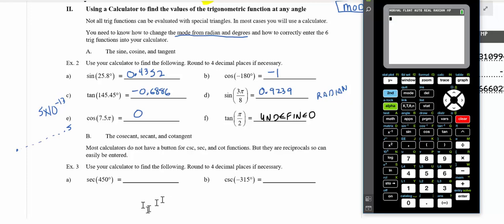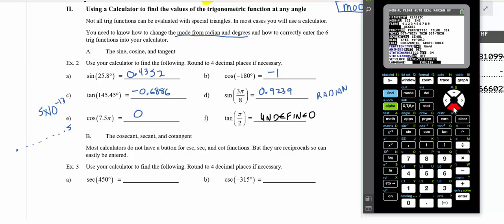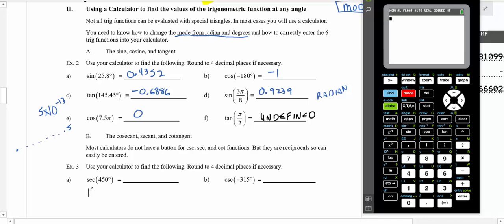So what we're going to do on this, we want to go back to degree mode when we put these in. So get your calculator in degree mode, and you can go second mode to get it in a clear screen. So the way you have to do this is you go 1 over cosine of 450 degrees.